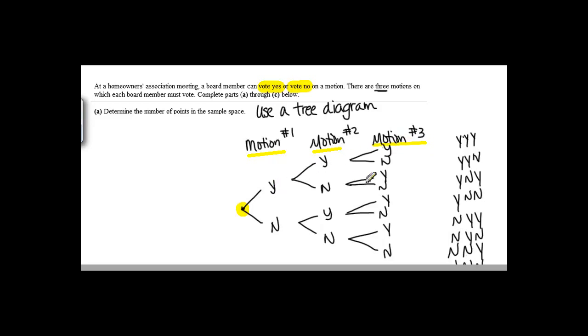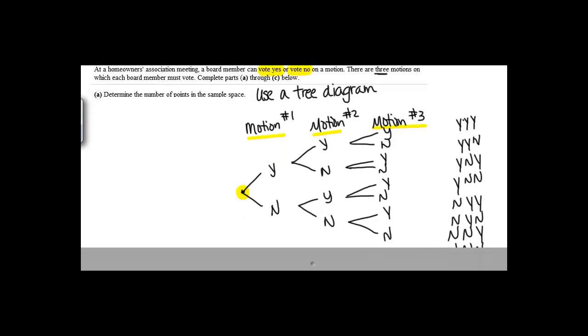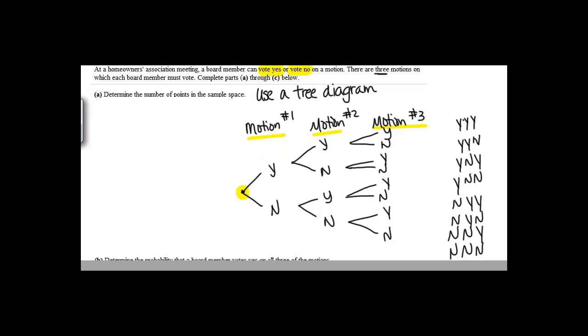So as we follow the branches of the tree, we get the different outcomes in our sample space. Following the branches, the first outcome would be that a member would vote yes, yes, yes.